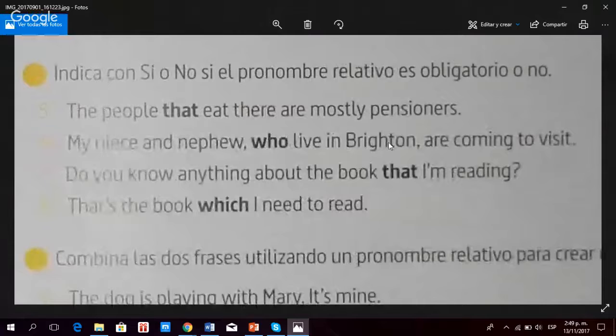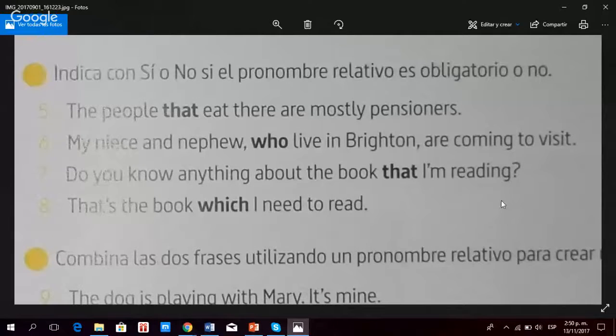Now tell me if it's obligatory to use the pronoun. The people that eat there are mostly pensioners. That is obligatory. My niece and nephew who live in Brinton are coming to visit.